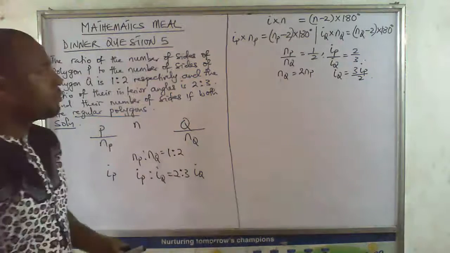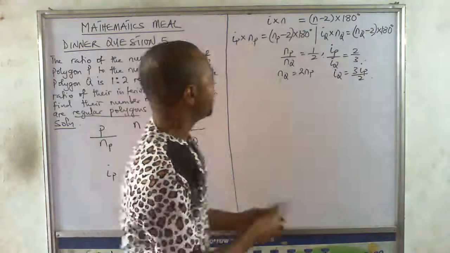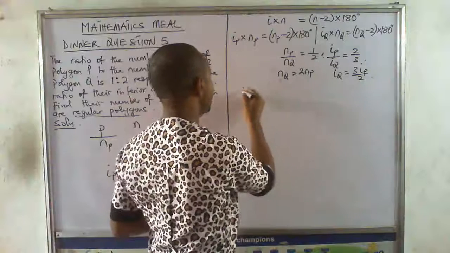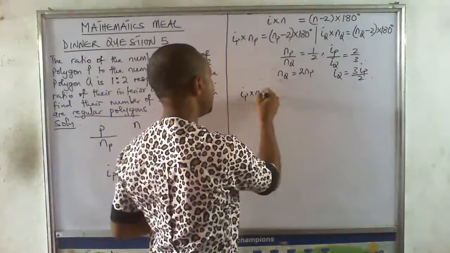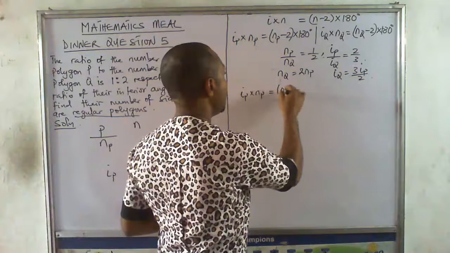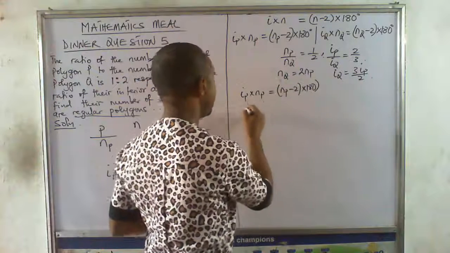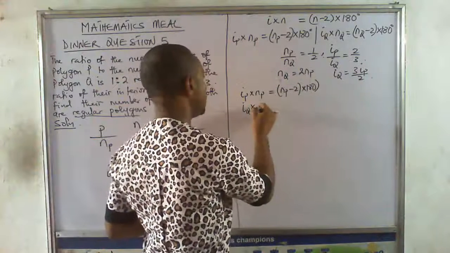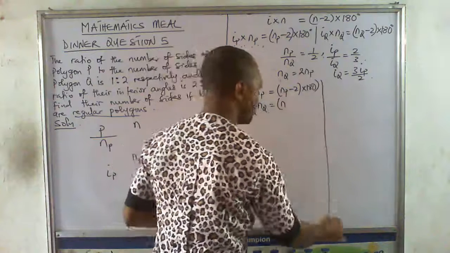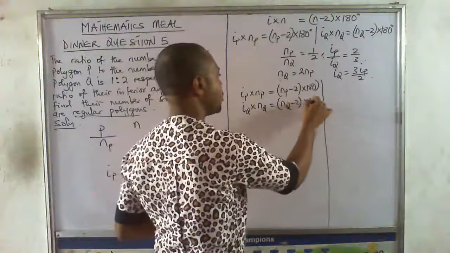Okay, I can divide these two equations, this divided by this. I have IP times NP is equal to NP minus 2 times 180. Then I have IQ times NQ equals NQ minus 2 times 180.